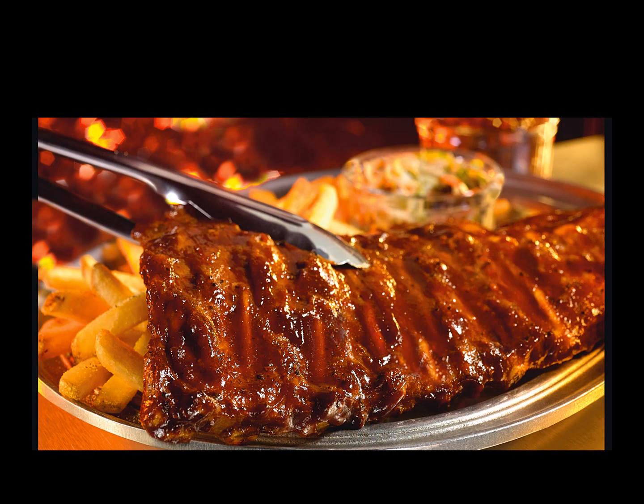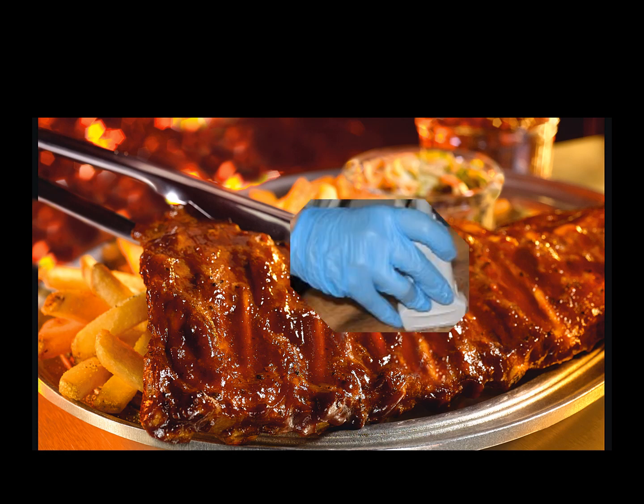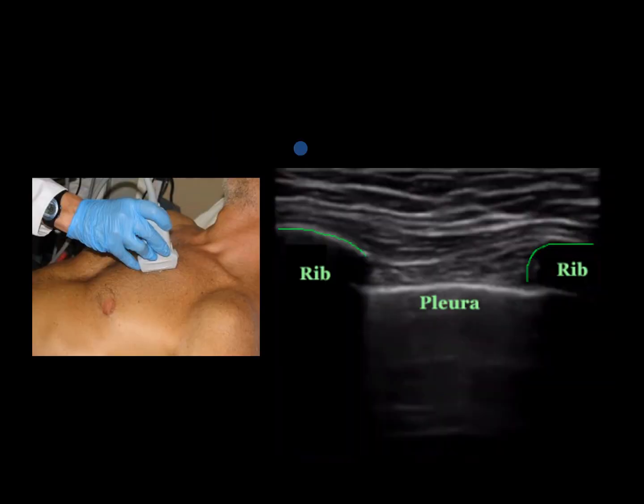Every thoracic ultrasound should start with identification of the ribs. The probe should be placed perpendicular to the chest wall in the longitudinal plane, with the probe marker toward the patient's head. This allows identification of the superior and inferior ribs and their acoustic shadows.